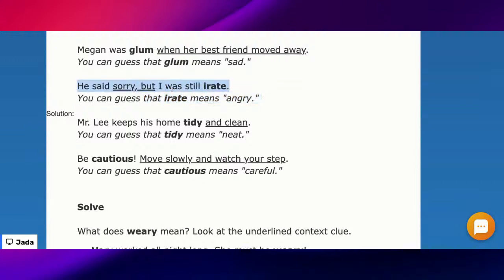That means the person apologized, but you are still angry. It cannot mean he said sorry, but I was still happy. No, it doesn't make sense. So you have to look at the most suitable option that gives you a hint as to what irate means.